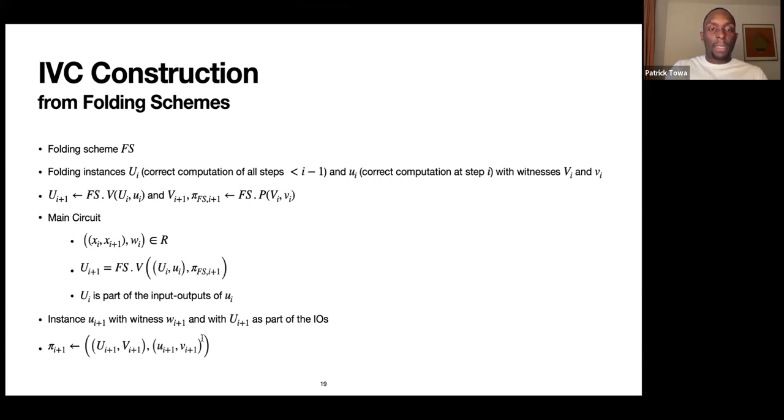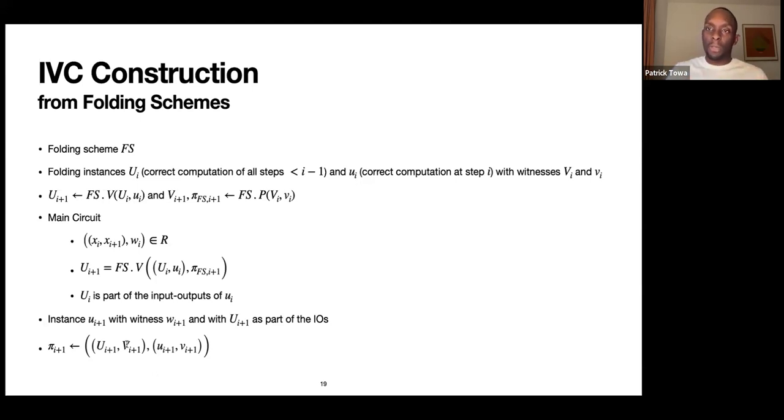The proof here is a pair of instance-witness pairs, one instance for the i-th step and one instance for all the steps before, and witnesses that all these things are correct. But this circuit was not dealing with the witnesses, which is basically folding the instances. So this circuit did not consume the entire proof, in a sense.